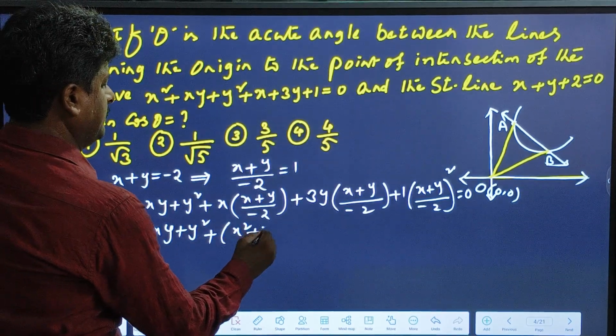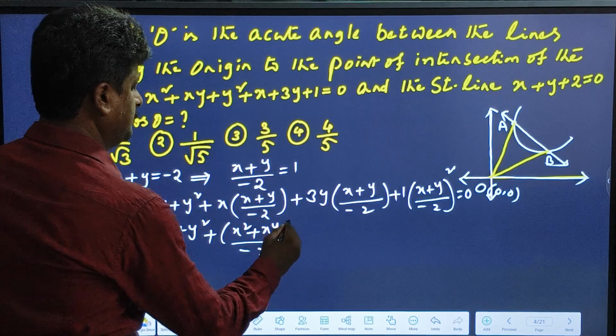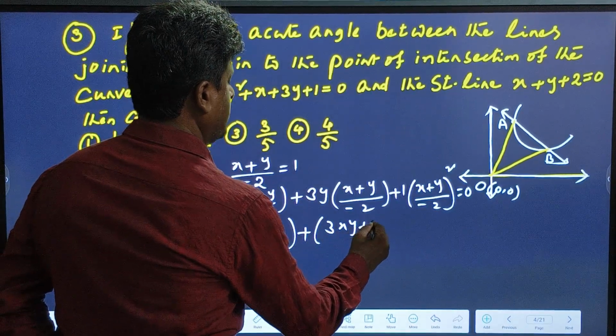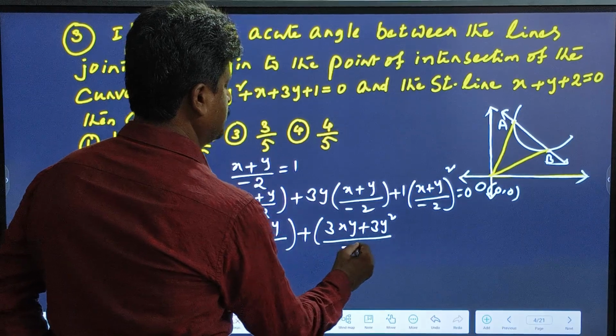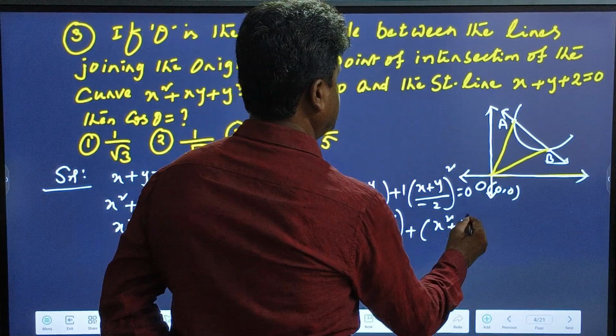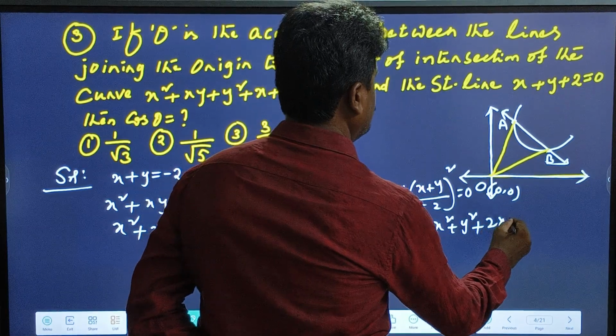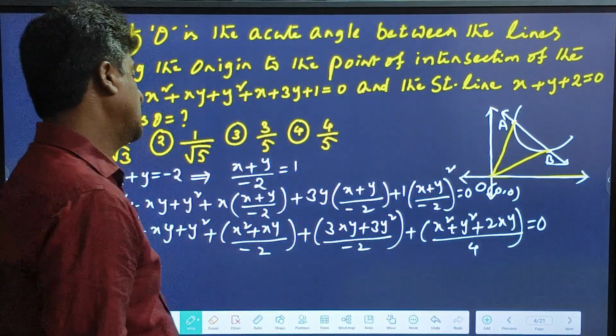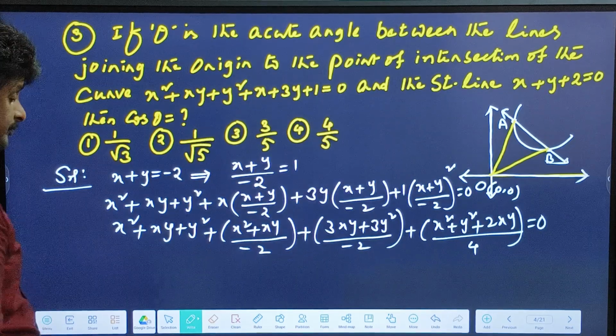x square plus xy plus y square, plus (x square plus xy) by minus 2, plus (3xy plus 3y square) by minus 2, plus (x square plus y square plus 2xy) by 4 equals 0. LCM is 4.